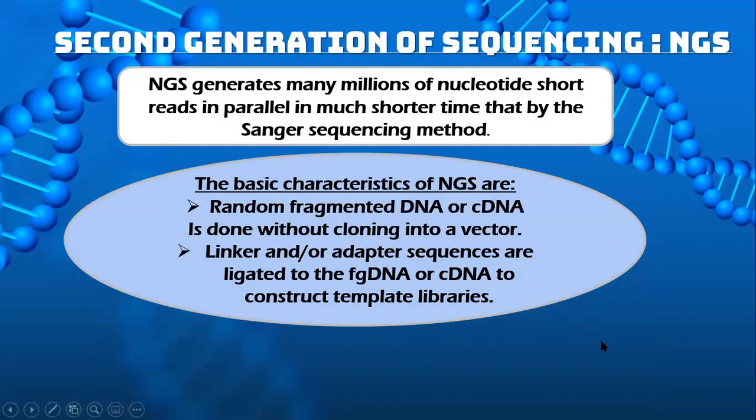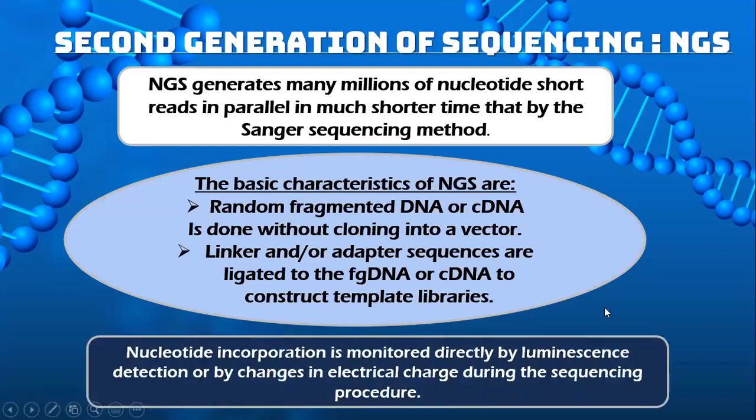Instead, we use linker adapter sequences that are ligated to the ends of the fragmented DNA or the cDNA to construct the template libraries. And this nucleotide incorporation is monitored by luminescence detection or by changes in electric current during the sequencing procedure.